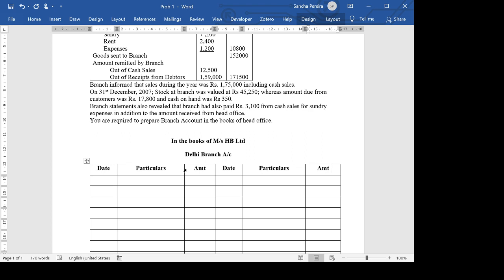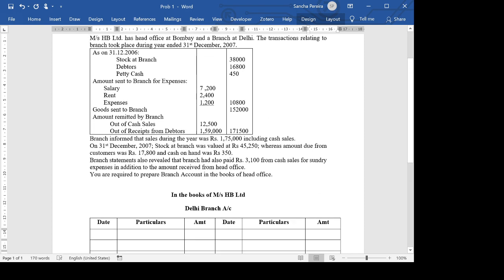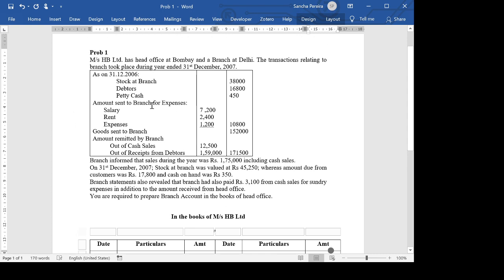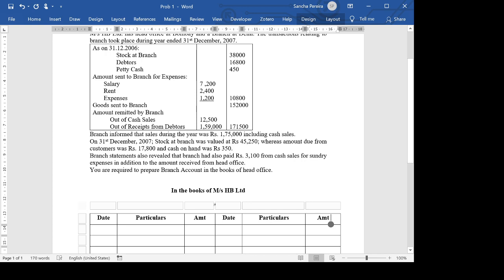Some problems we may not even have the date column because they have not mentioned the date at all. But since it's the first problem, I'll just show you how we normally consider the date. There's not much to do with the dates. Since in this problem they have mentioned the dates, I've just put the date column. Even if the date column is not there, it is okay.